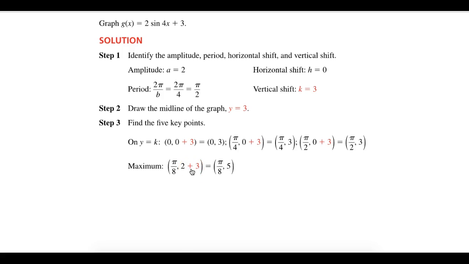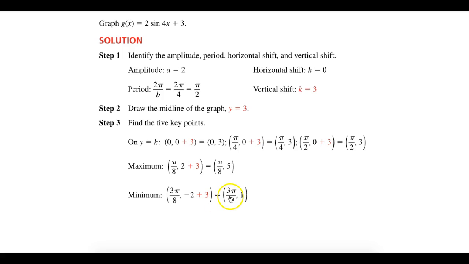See, here we've got it right here. We've shifted, we've gone up 3, and halfway through our period is pi over 4 and 3, and then our maximum points are at 1/4 of the period, and then 2 plus 3 gives us 5, and then our minimum is at 3/4 of our period, and then -2 plus 3 gives us 1.